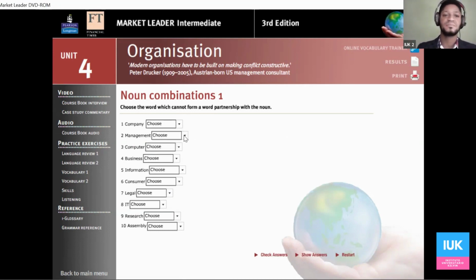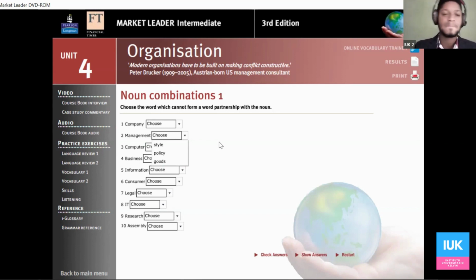Number two, management style, management policy, or management goods? Which of these does not sound okay or normal? Which of these isn't regularly used? Management style, management policy, or management goods?